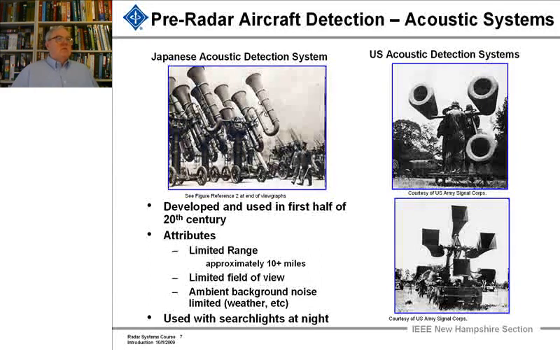And again, these are directional sensors, and the ambient background of weather, lightning, storms, wind in the trees that's nearby, all contribute to limiting the range. These were used in the first half of the 20th century along with searchlights at night.